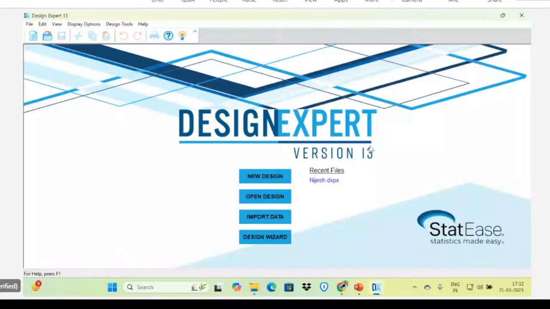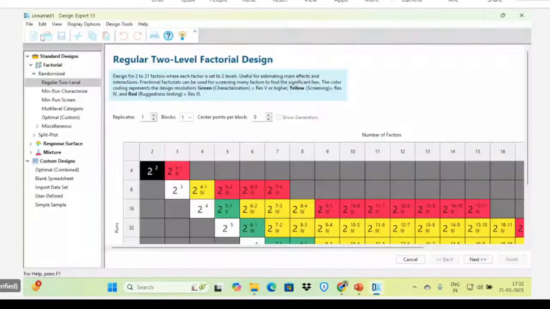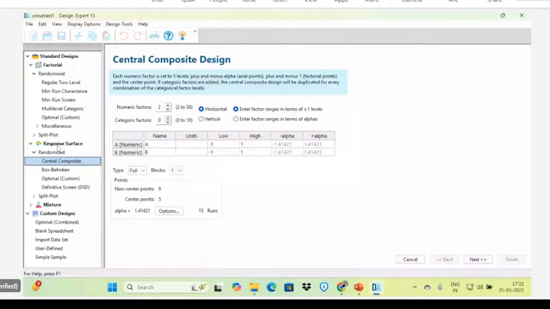For Design Expert, first of all, we have to make a new design. The interface is very easy to understand. You can go to response surface. CCD design comes under response surface methodology, and CCD full form is central composite design. One more design is there, Box-Behnken.